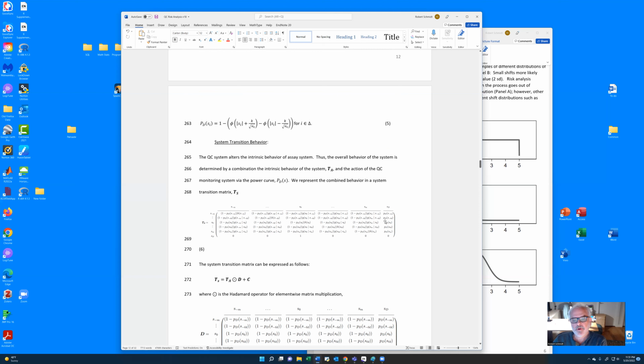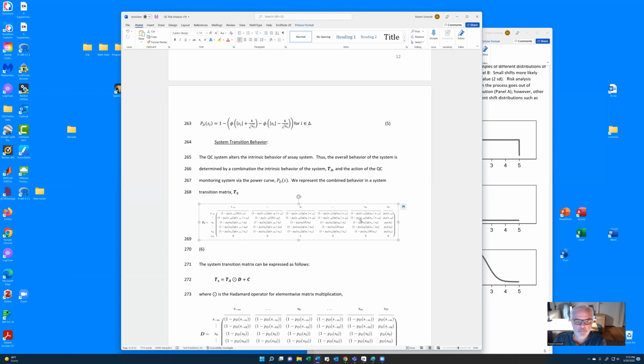And this says, here's the probability of detection that I'm in this state over here. So that's the probability that I'll end up here, given that I'm here. Otherwise, if I'm not detected, I can make a transition to any other state based on the natural evolution of the intrinsic properties of the assay, like we talked about.